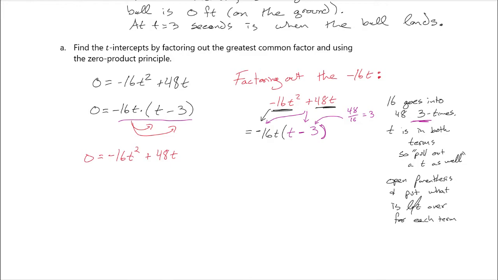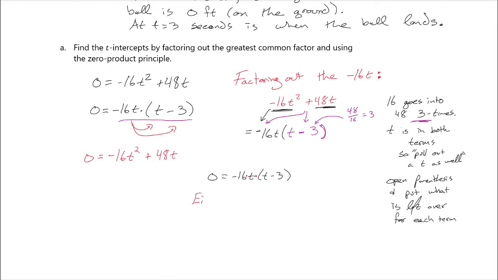All right, so I'm going to go back and look again at 0 equals negative 16t times t minus 3. And the zero product principle says that if all of these things are being multiplied, one of them has to be 0.